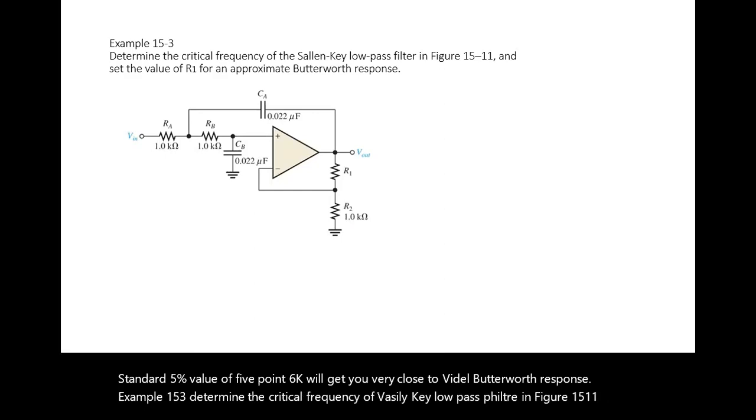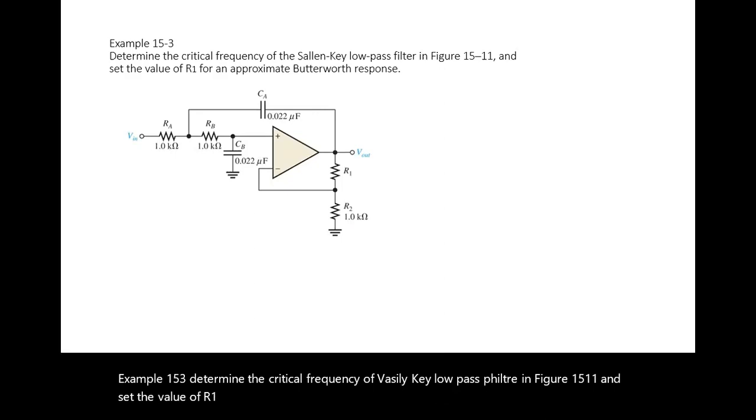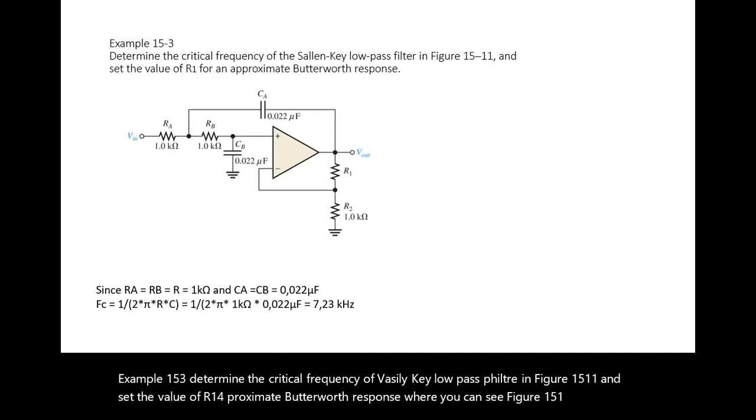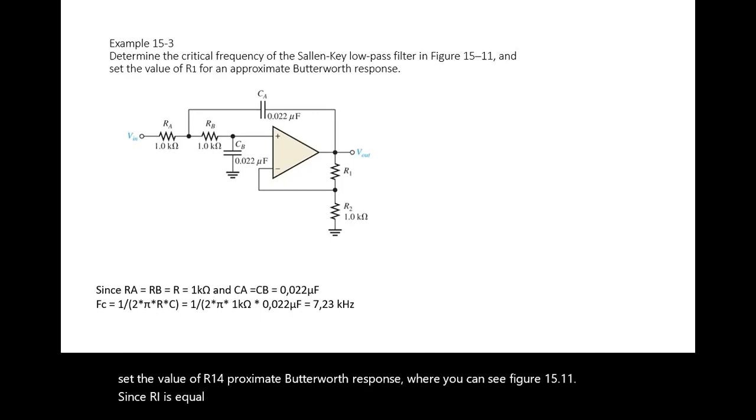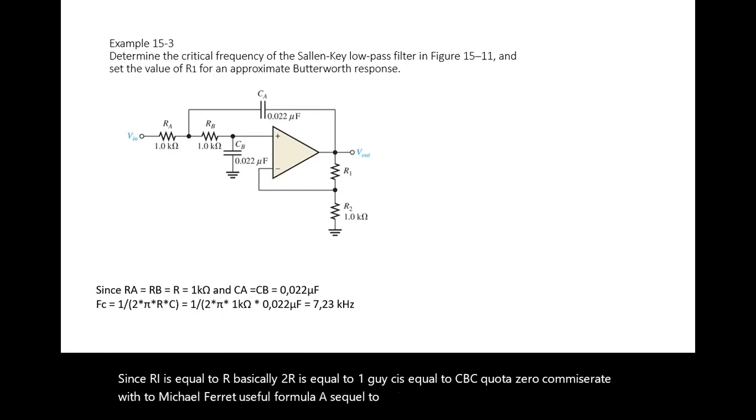Example 15.3: determine the critical frequency of a Sallen-Key low-pass filter in figure 15.11 and select the value of R1 for an approximate Butterworth response. There you can see figure 15.11. Since RA is equal to RB is equal to R is equal to 1K, and CA is equal to CB is equal to 0.022 microfarad, use the formula fc is equal to 1 divided by 2 pi RC.